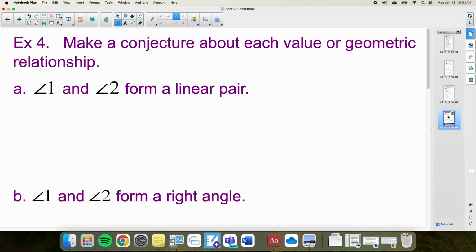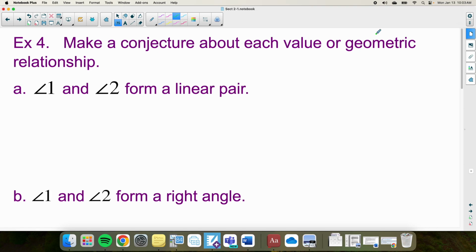All right, so let's go to our last page. And it says, make a conjecture about each value or geometric relationship. And so this is going back to what we learned even before Christmas. Do you guys remember what a linear pair is? It's a pair of angles that forms a line, okay?